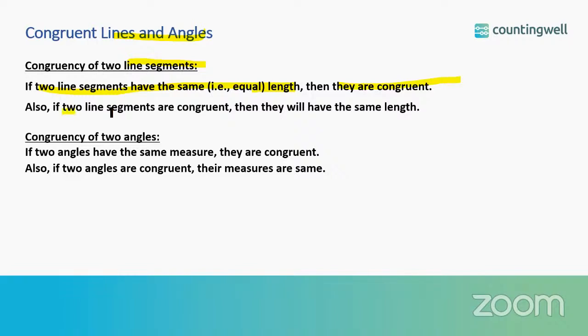Or if we have two congruent line segments, then we can say they have the same length. Let us see the congruency of two angles. If two angles have the same measure, they are congruent. Whereas if we have two congruent angles, then we can say their measures are also equal.